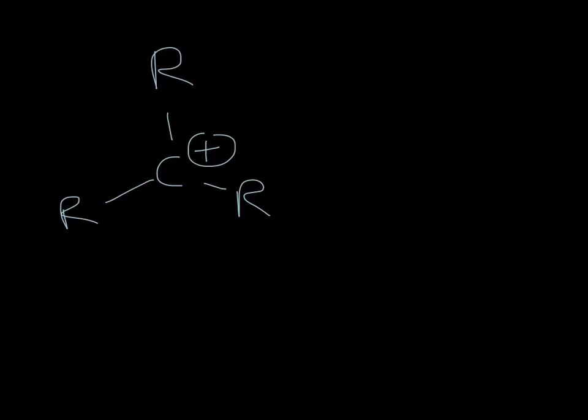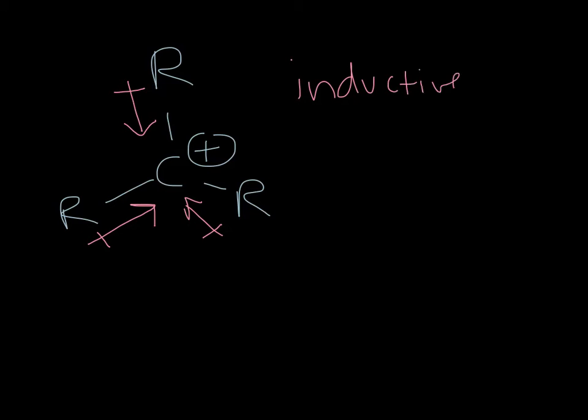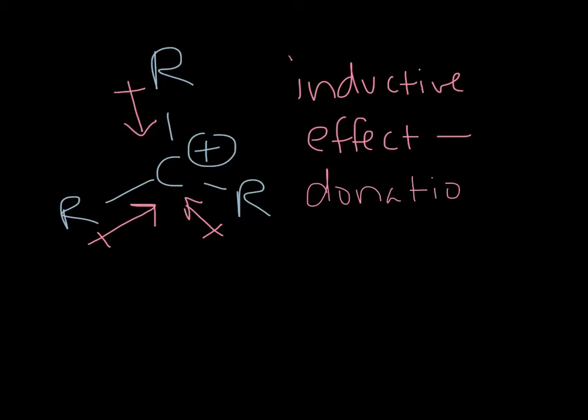So the carbon in the middle is electron deficient, and these carbons on the outside can push electron density towards that deficient carbon through the sigma framework, and that's called the inductive effect. So a donation of electron density through the sigma framework of the molecule.